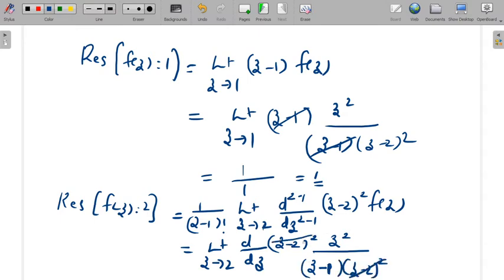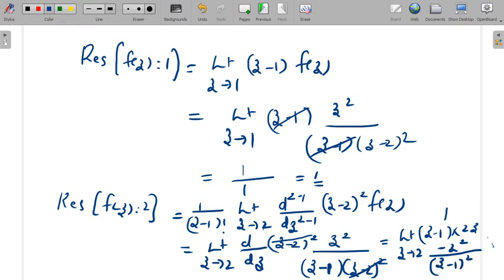So here the term z minus 2 whole square cancels, and you differentiate this one time. Just find the first order derivative. Limit z tends to 2, z minus 1 into 2z minus z square divided by z minus 1 whole square.